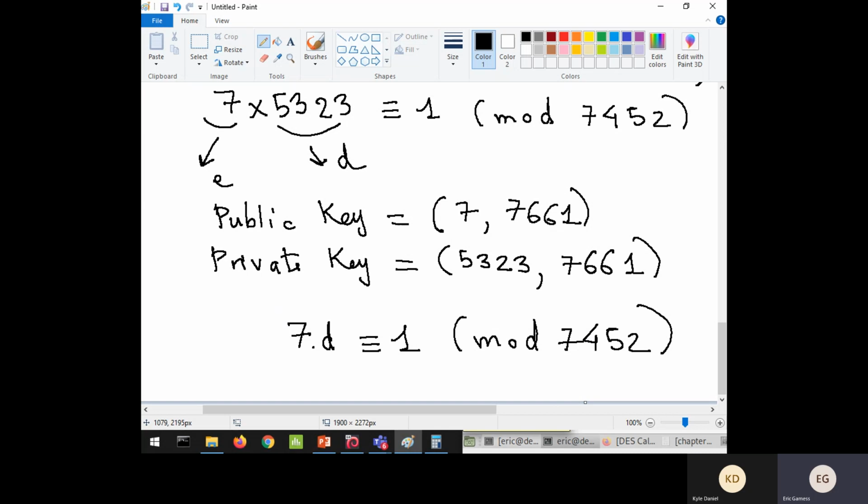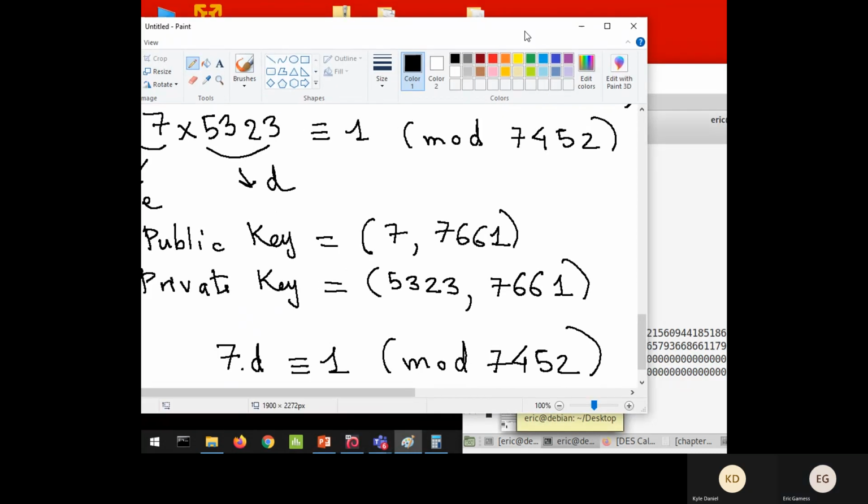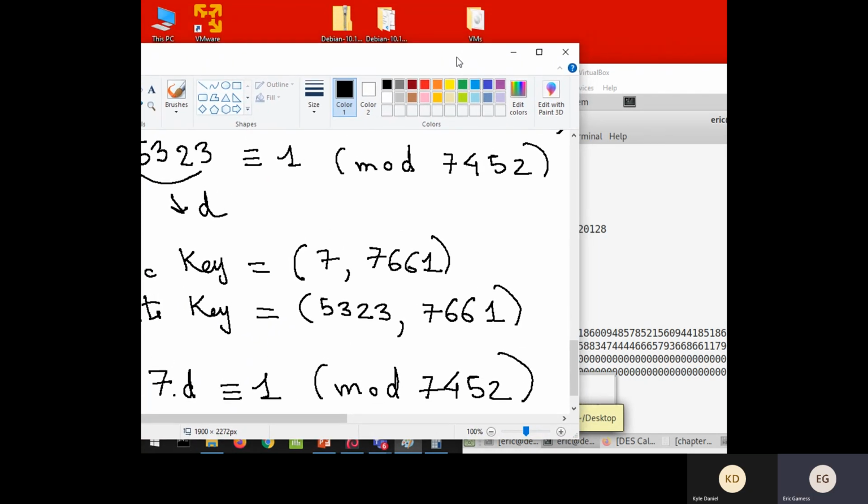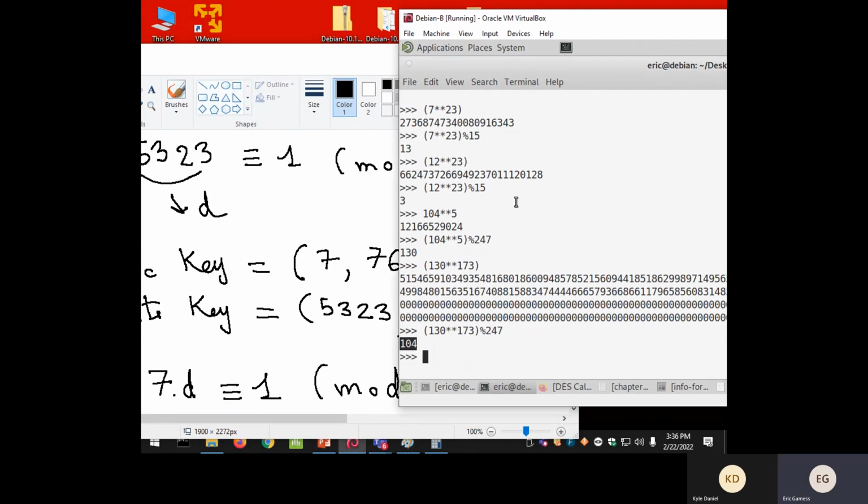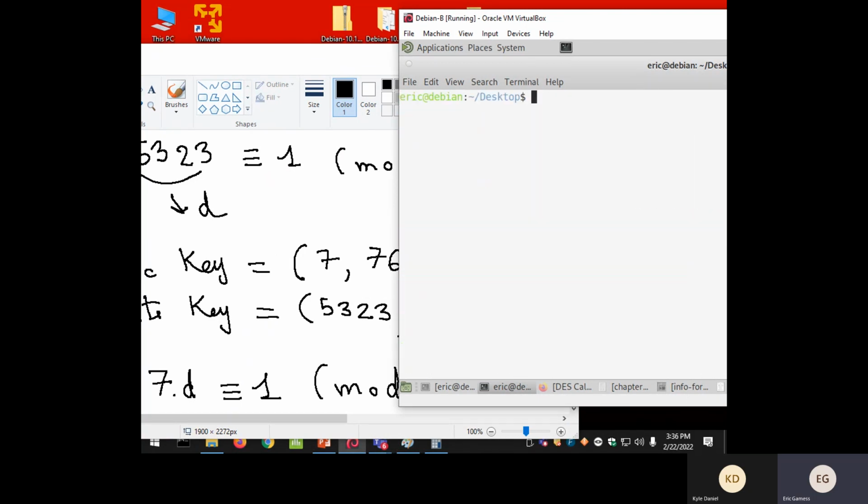Okay, let's do a Python program, or let's do a bash program to do that. So let me try to put that in a corner. What we want to resolve here, okay, let's create a program. Let's call it inverse mode.py. I create a file.